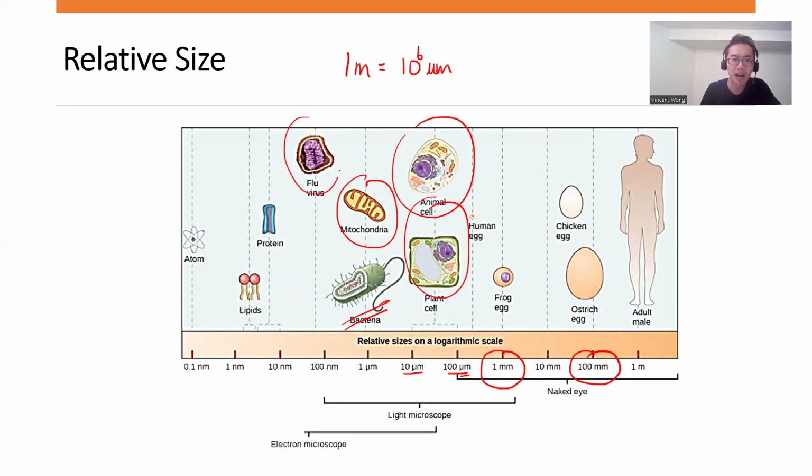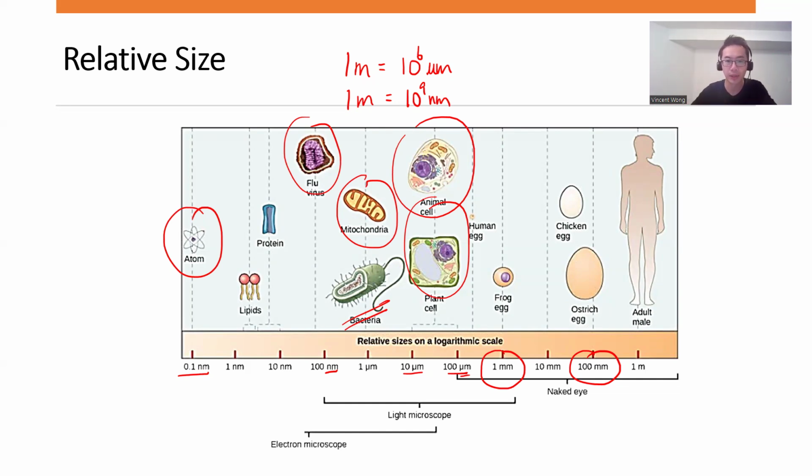Viruses are even smaller than bacteria, and they are measured in nanometers. 1 meter has 10 to the 9 nanometers, so a nanometer is a billionth of a meter. And atoms are only about 0.1 of a nanometer. So this gives you a rough idea of where things are in terms of size relative to one another.